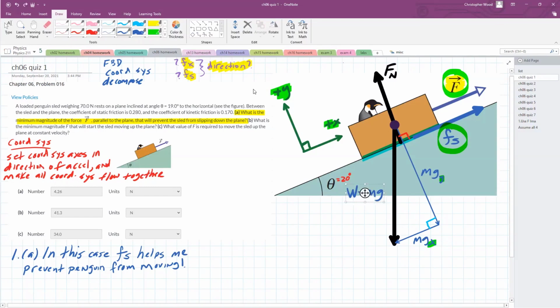So if this is 20 degrees, and this is 90 degrees, this must be 70 degrees right here. And if that's 70 degrees, I know for a fact that that's 90 degrees because this MGY vector is perpendicular to that surface. So if that's 70, this is 20. If this is theta, that's theta.